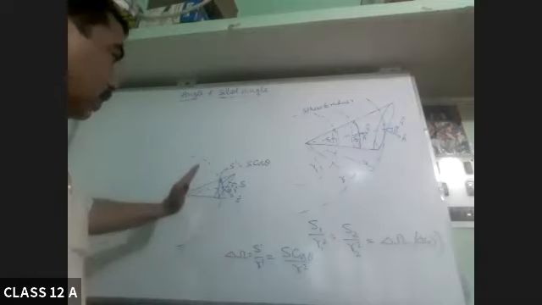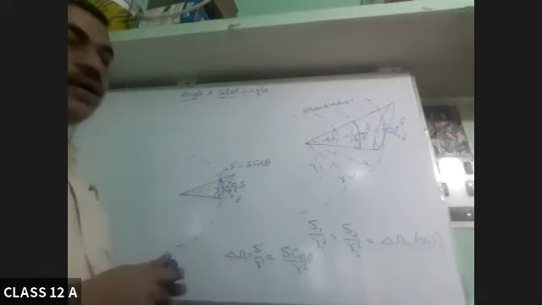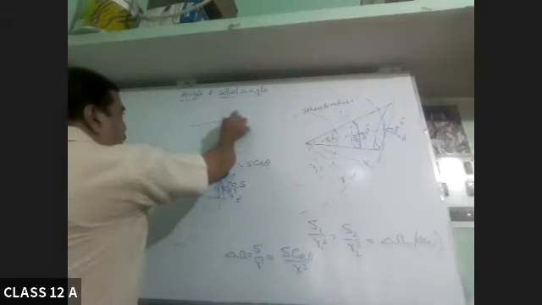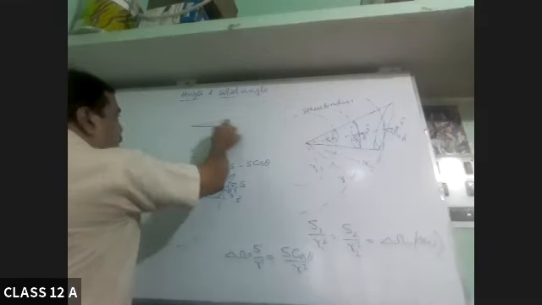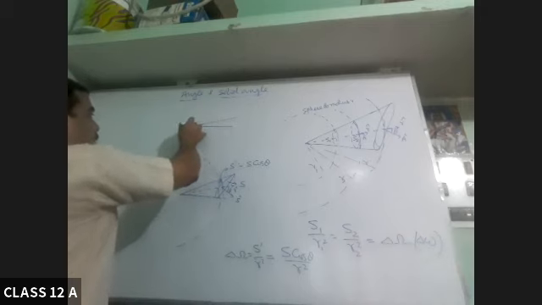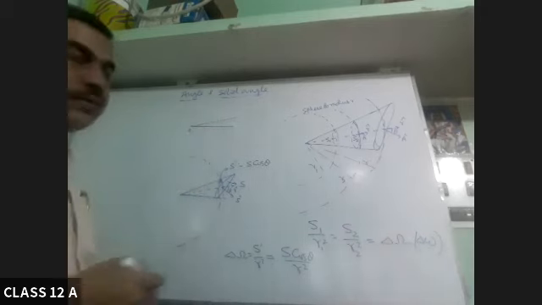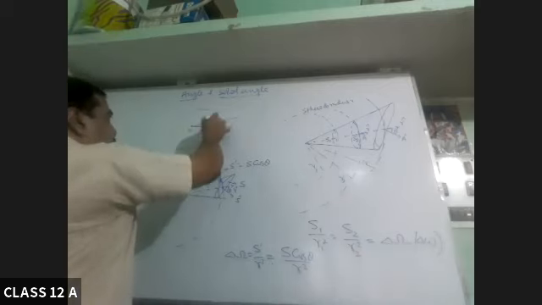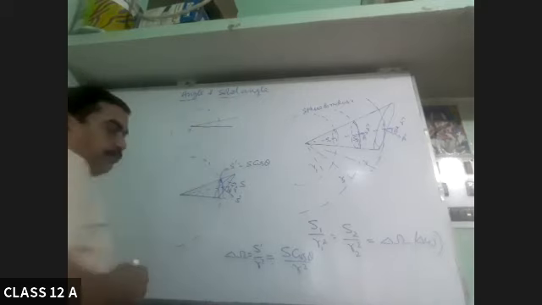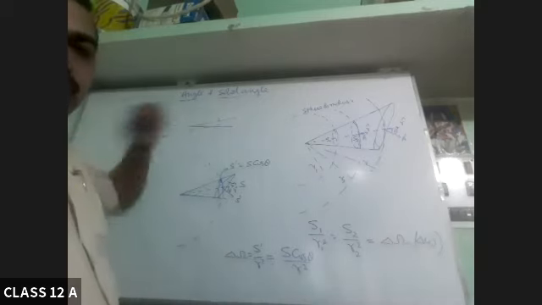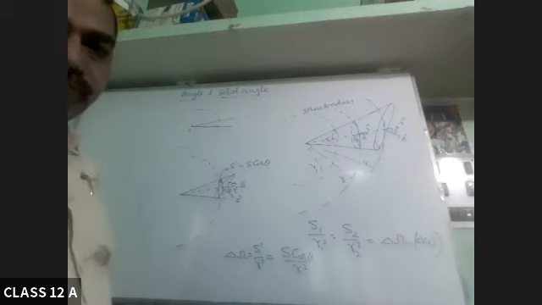Now what is the total angle at a particular point? Suppose this is the point, what will be the total angle? If this straight line is coming this way, and the other straight line is coming this way, it is 360 degrees.